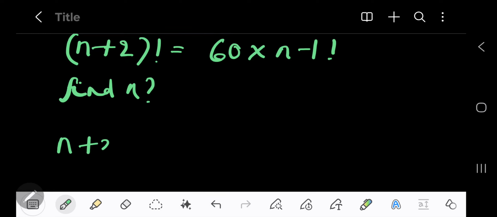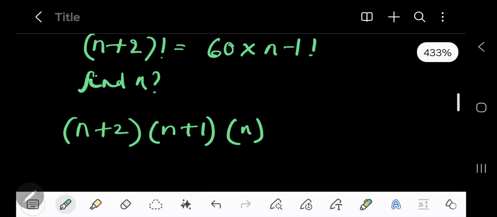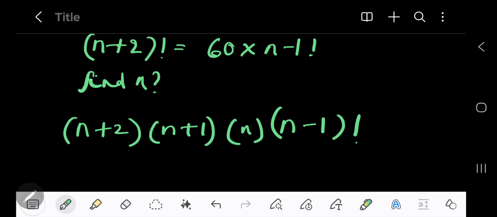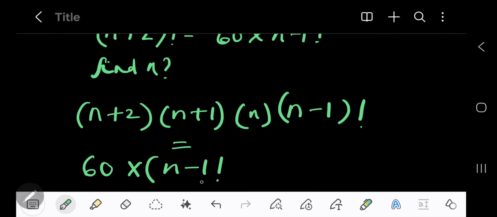So (n+2)! we can rewrite as this, right? It is equal to 60 times (n-1)!.